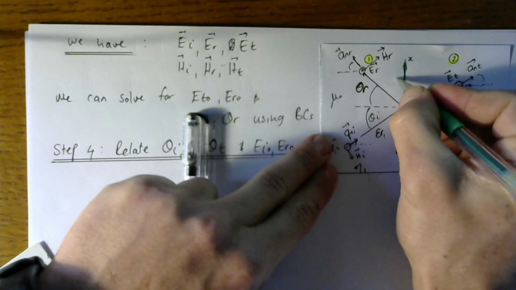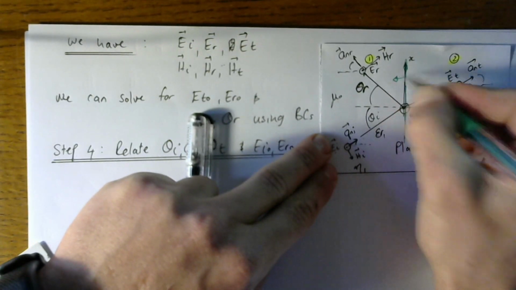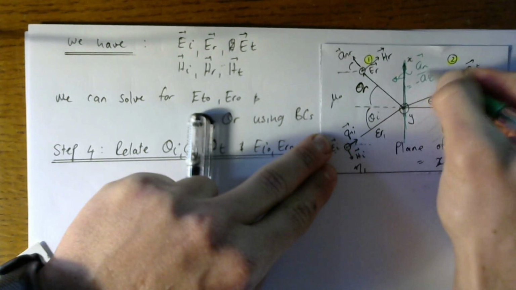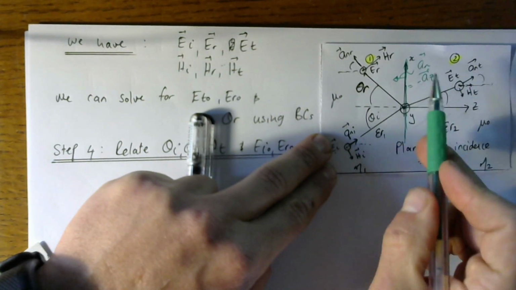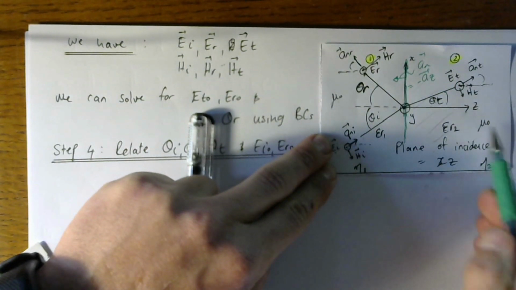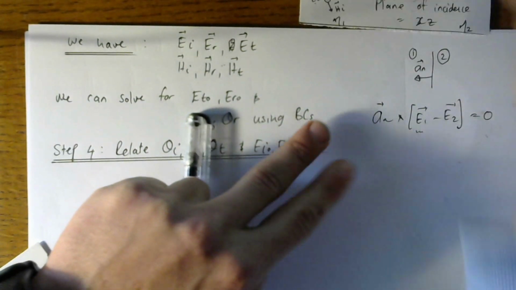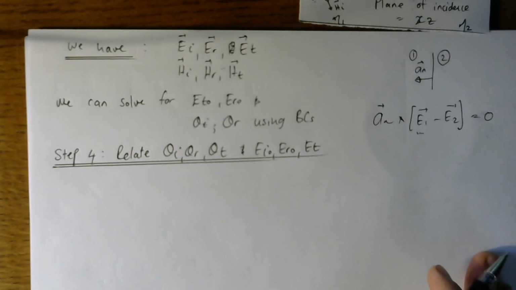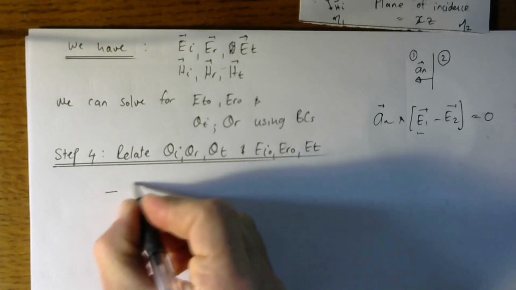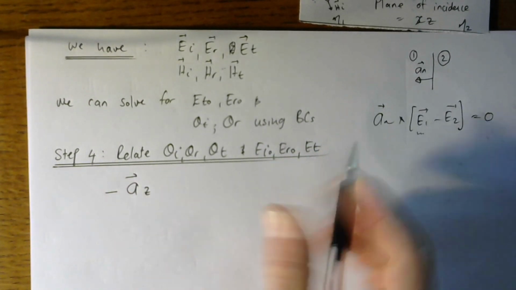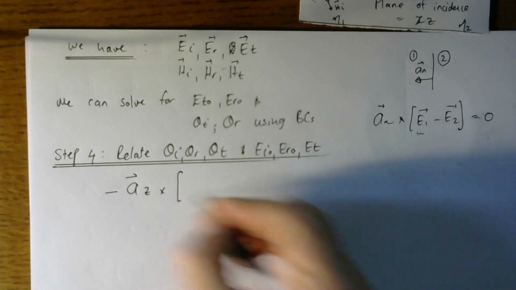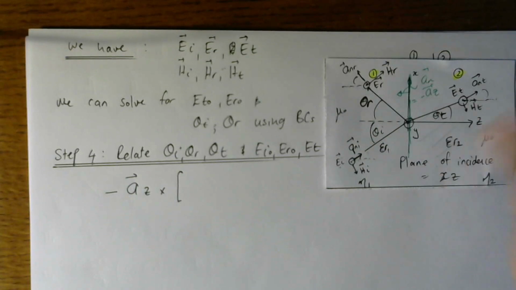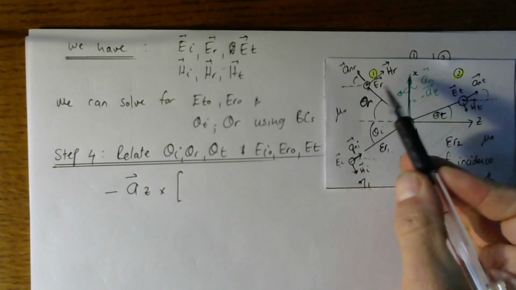My normal vector, a_N, is equal to minus a_z. I'm pointing from region 2 to region 1 in the minus a_z direction, because z goes that way. So it's fairly simple: a_N is minus a_z, cross E1, which is now the total field in this region, that is E_I plus E_R. Let's do that.